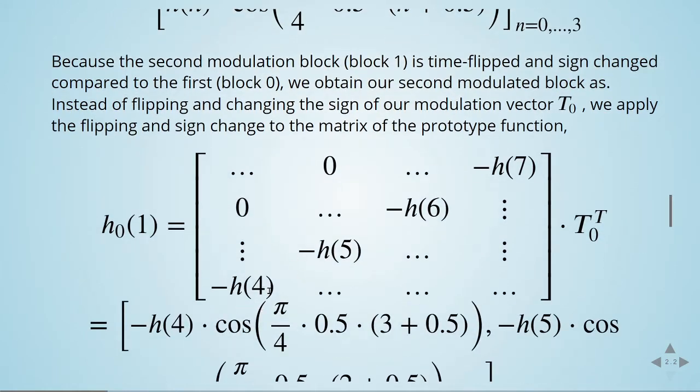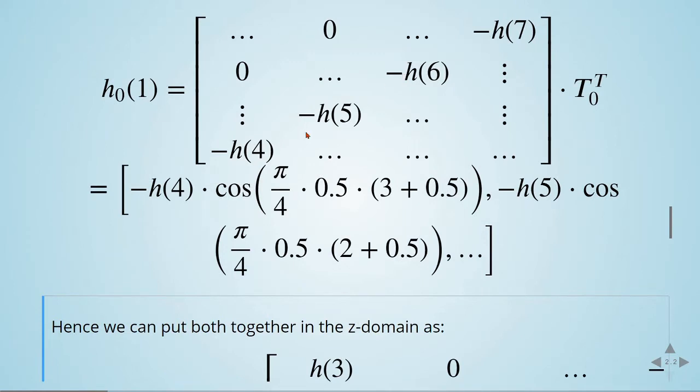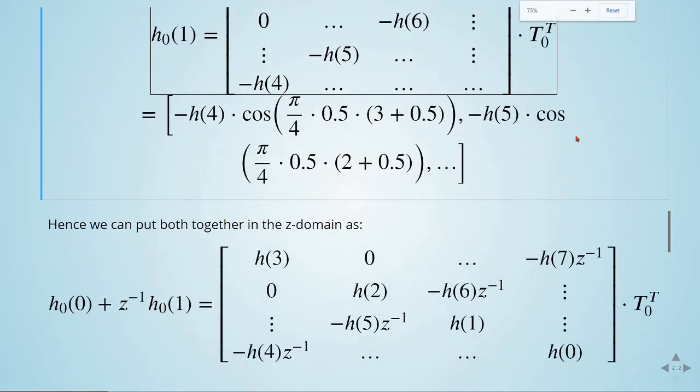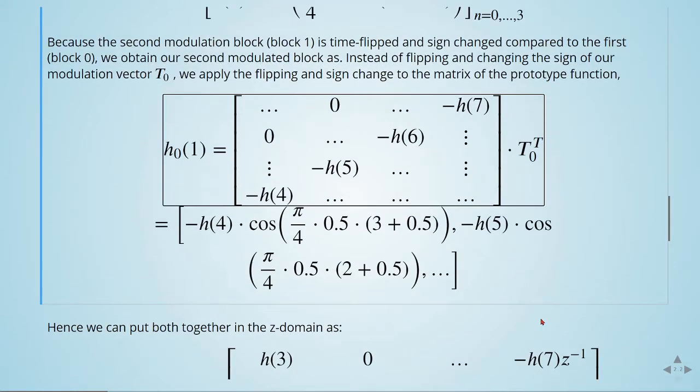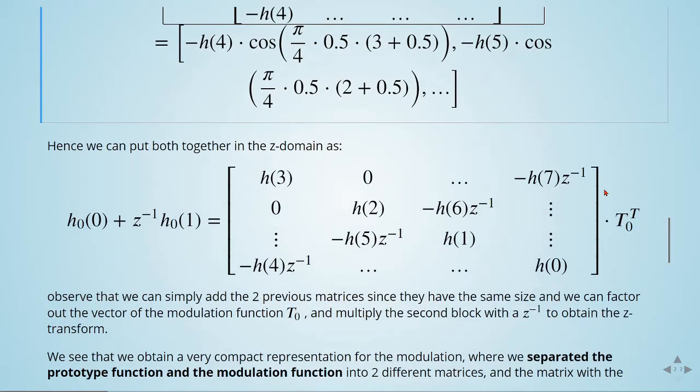And we have now this diagonal here, and you see we have these sign changes here, and then we have this equation, and hence we can put both together in the z domain.